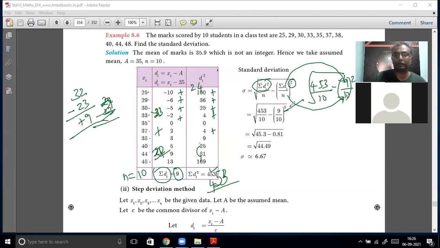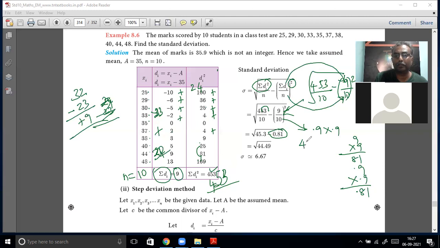Now 9 by 10 is 0.9. Correct. 0.9 into 0.9: 9 into 9 is 81, so 0.9 into 0.9 is 0.81. Okay, so this is correct. 453 by 10: divided by 10, the point will shift here, so 45.3.